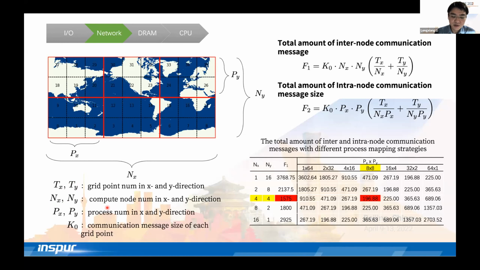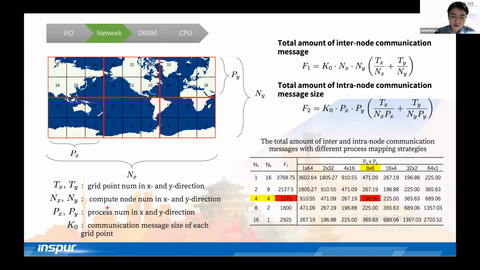In the software, besides the MPI parameter optimization, you could also use a hybrid parallel model with MPI plus OpenMP. When we use the pure MPI parallel model, the communication is very complex at large scale parallel computing because each process has to communicate with other processes.